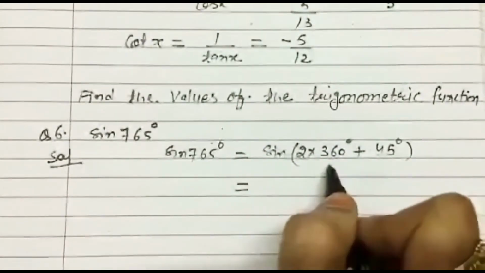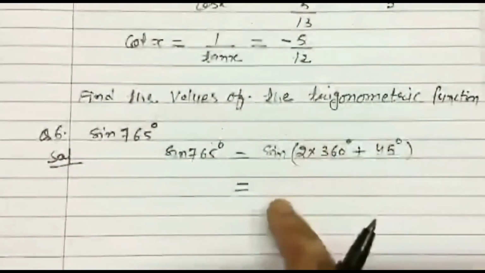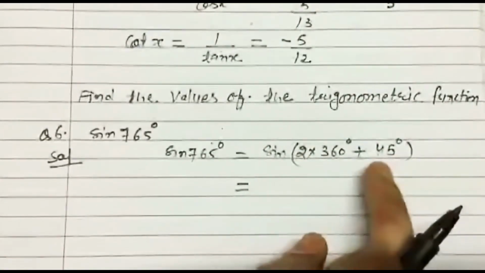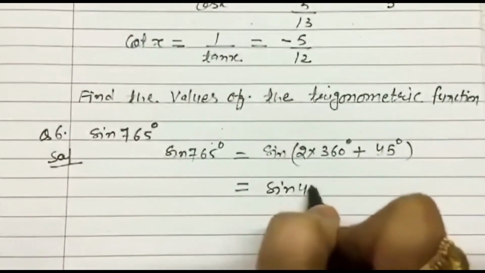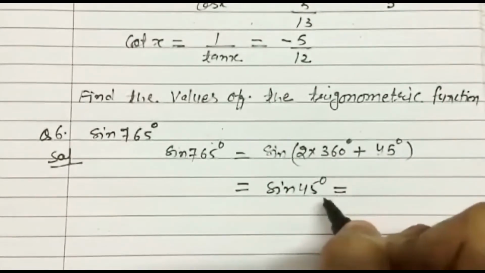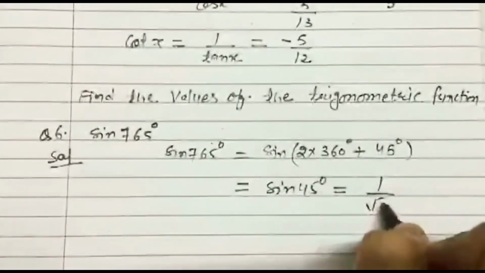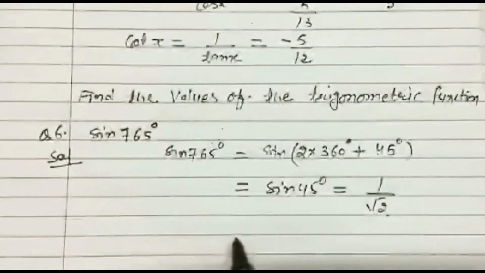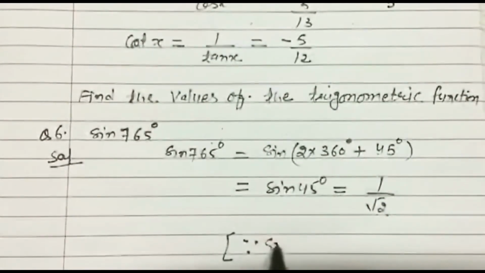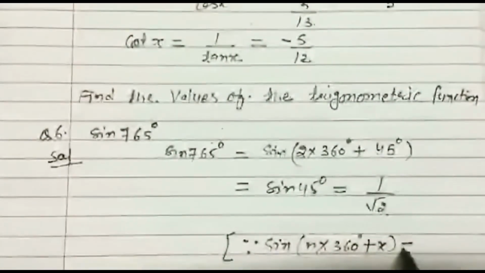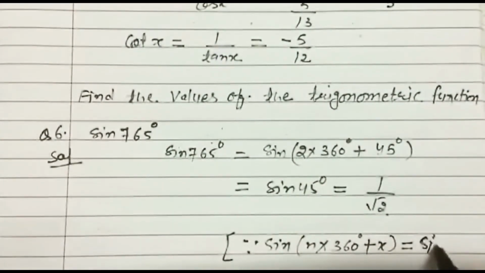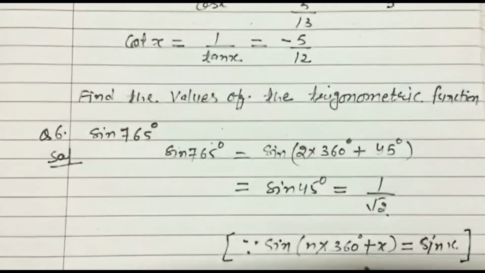It means 2 revolutions have been completed and the function is in the first quadrant. So here it is sin 45 degree only, and the value of sin 45 is 1 by root 2. You can write that sin of n into 360 degree plus x is equal to sin x, for all n belonging to integers Z.